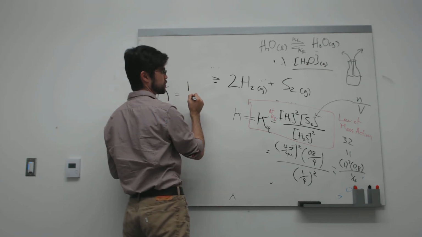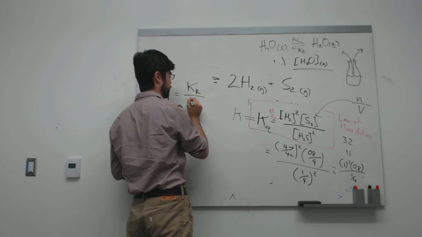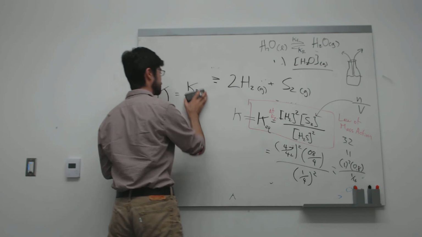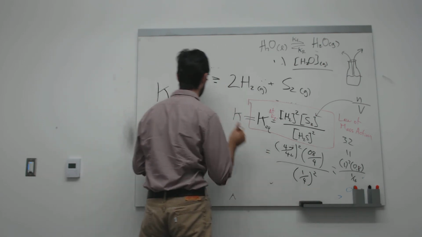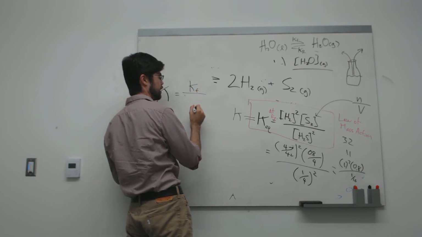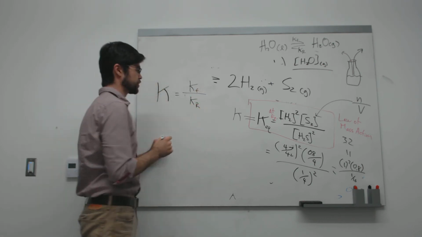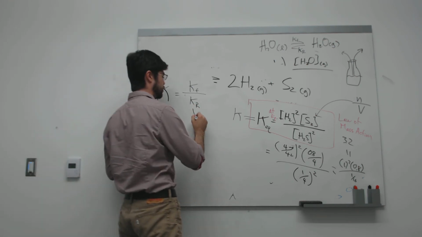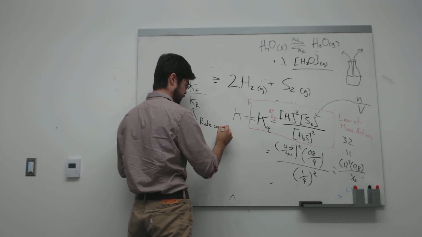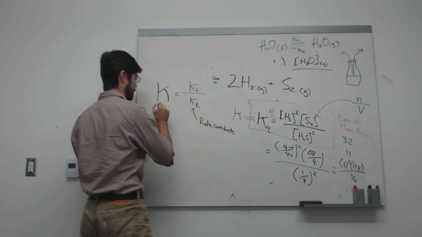let me make sure I get this right, k reverse over, is that right? No, I had that backwards. It should be k forward over k reverse, yeah. Lowercase k forward over lowercase k reverse. So again, these are the rate constants for the forward and reverse reactions.